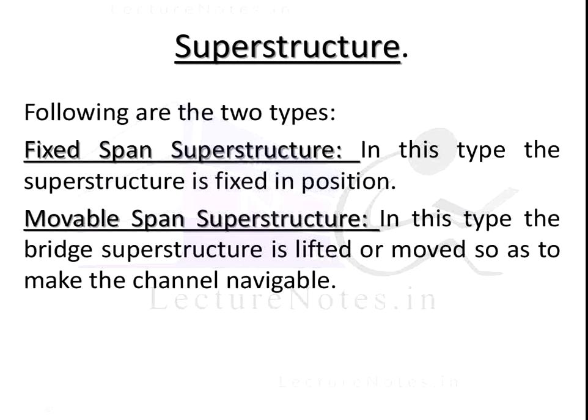In the movable span superstructure, the superstructure is lifted or moved so as to make the channel navigable, that is, to permit the transport of ships or boats. We will see the movable span superstructure in detail.